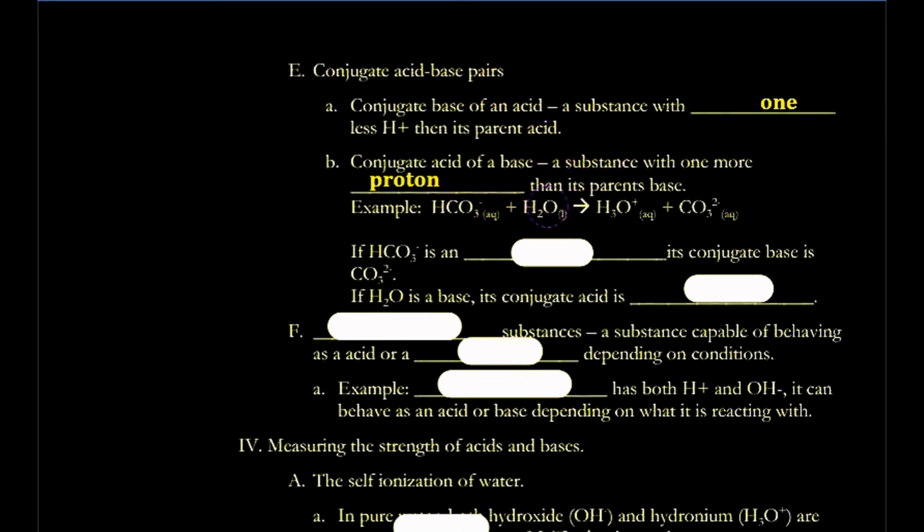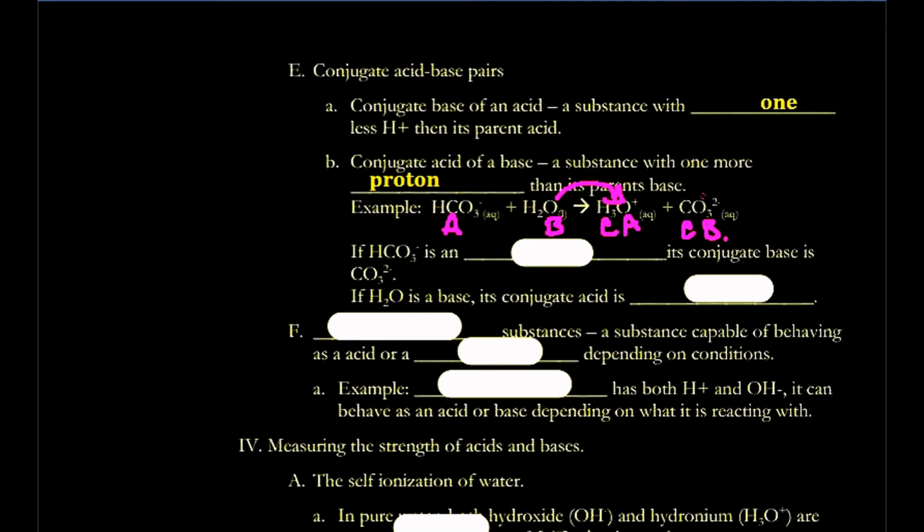So, for example, here you're going to have an acid and a conjugate base, and here you would have a base and its conjugate acid. The water will gain a proton, and when it gains a proton, it is a base, and this over here is its acid.